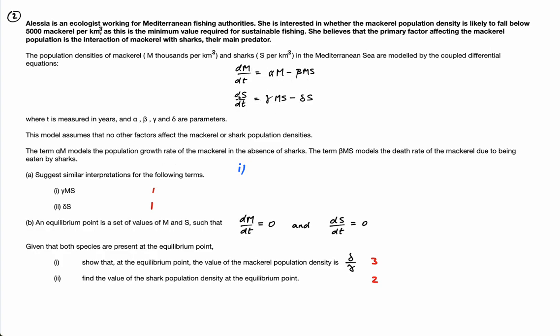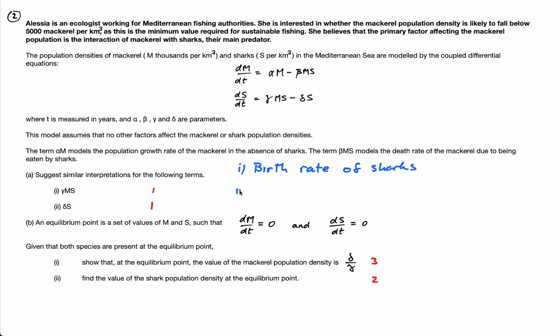So similarly, this is the birth rate. I don't like to use the word growth rate because this is the rate of growth. So it's the birth rate of sharks.